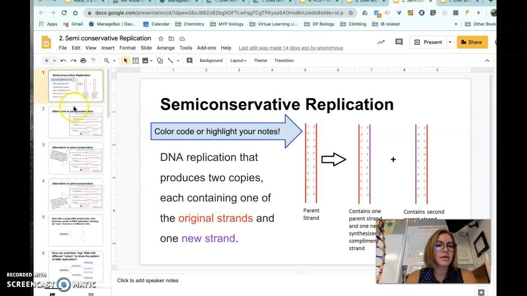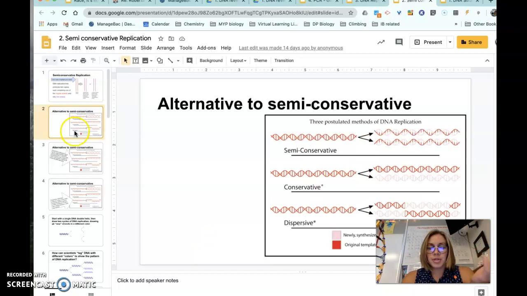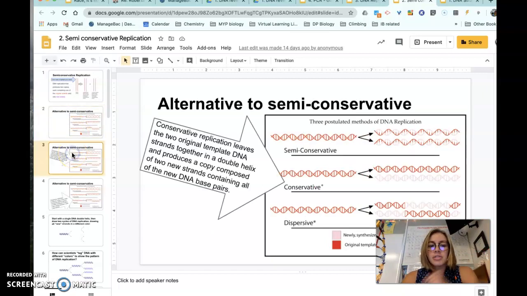So what we're going to see here is that semi-conservative is the most logical way for DNA to replicate itself. There are some alternatives that people have postulated. One alternative is conservative replication, where it leaves the two original DNA strands together in a double helix and produces a copy composed of two new strands containing all of the new DNA base pairs.